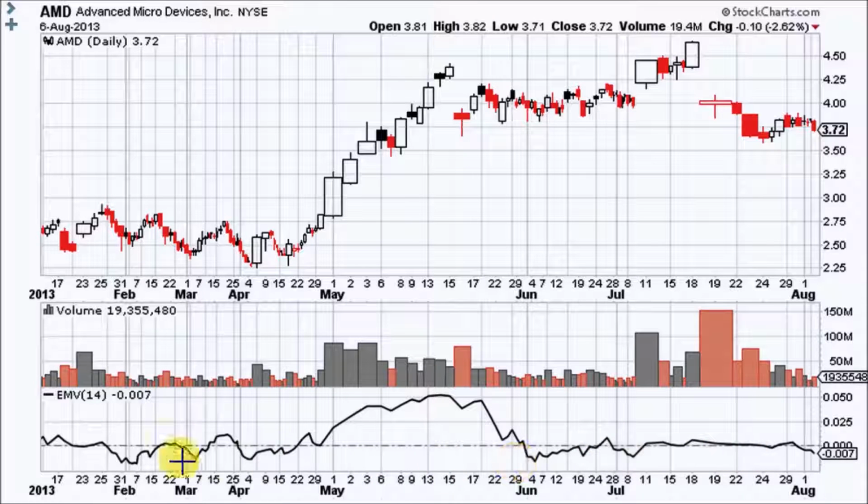Okay, so what it's saying right here, ease of movement. Prices are advancing with relative ease when it crosses up through the zero line into positive territory. So this was a very easy move on high volume. It was very easy. People were just enjoying this very much.